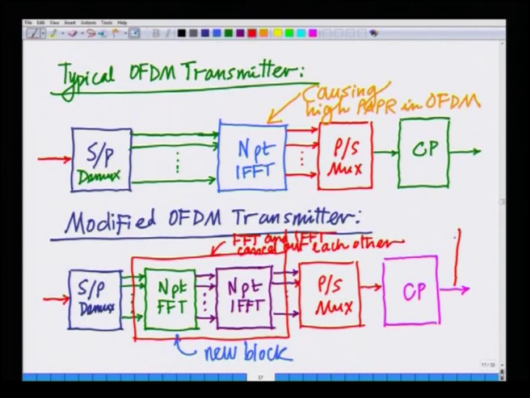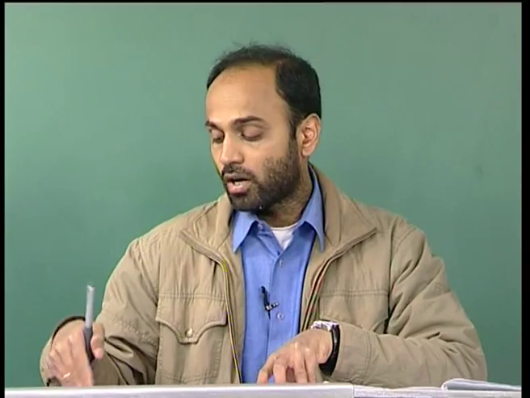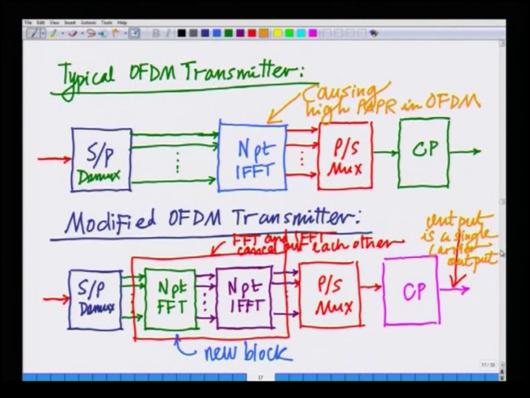The output here is essentially a single carrier output, which means the PAPR is close to 0 dB, or close to 1. So, by introducing this N point IFFT block, you are essentially reducing this OFDM system to the earlier single carrier system.